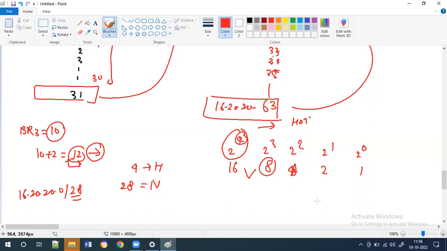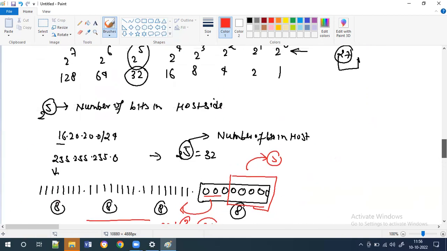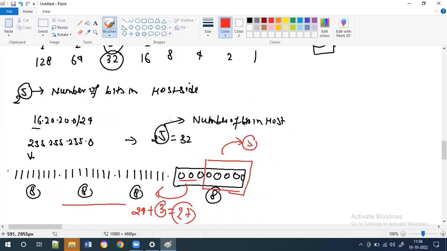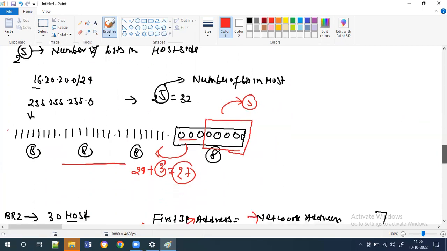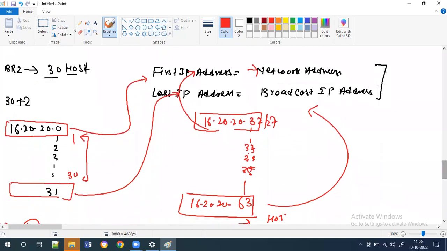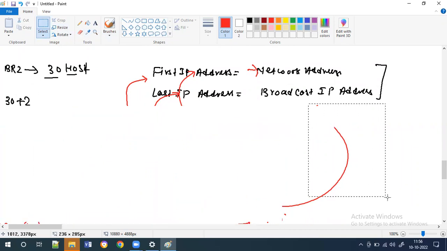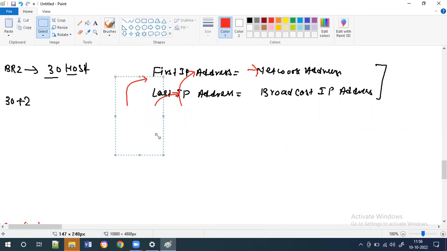So let's come here. Subnetting from the host point of view, we have to consider a site where we have the maximum hosts.